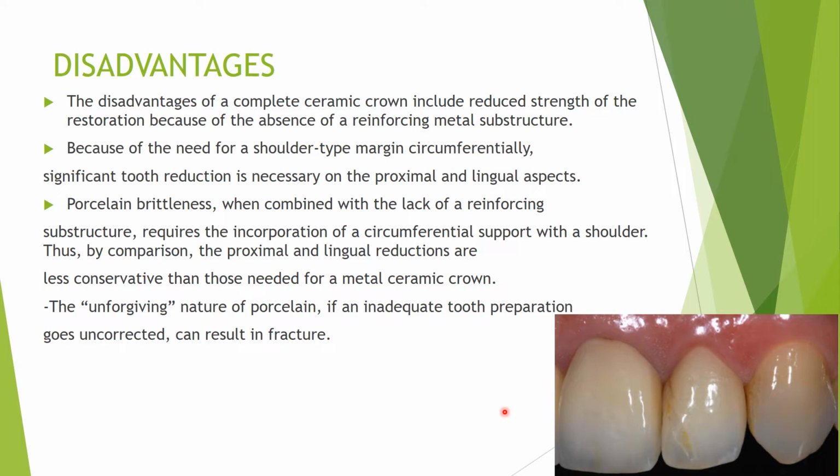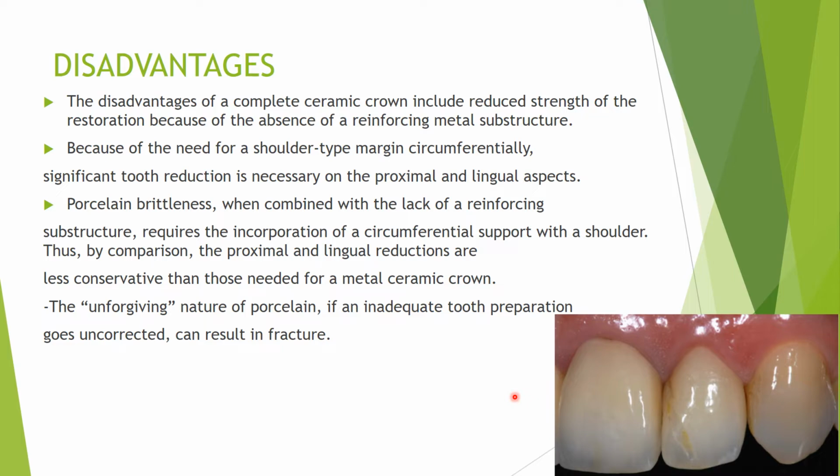Okay, porcelain has brittleness, which is combined with the lack of a reinforcing substructure, which requires incorporating circumferential support with the shoulder margin. Thus, by comparison, the proximal and lingual reductions are less conservative than those of a metal ceramic crown. So I just described that.